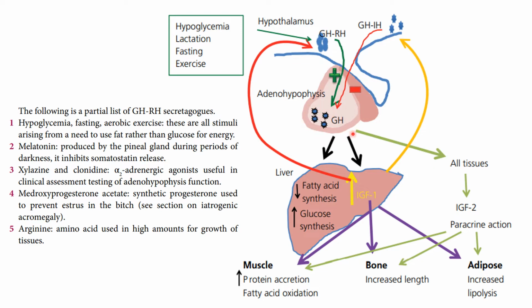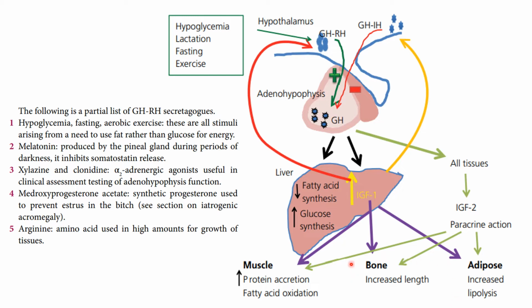As previously mentioned, the main function of growth hormone is, of course, growth. It achieves this through lipolysis, glycogenolysis, protein accretion, and chondrogenesis. And also in the liver, it releases your IGF-1, which, as previously mentioned, has an effect similar to insulin. The end products of which are, for adipose, increased lipolysis, so breakdown of lipids or fat.